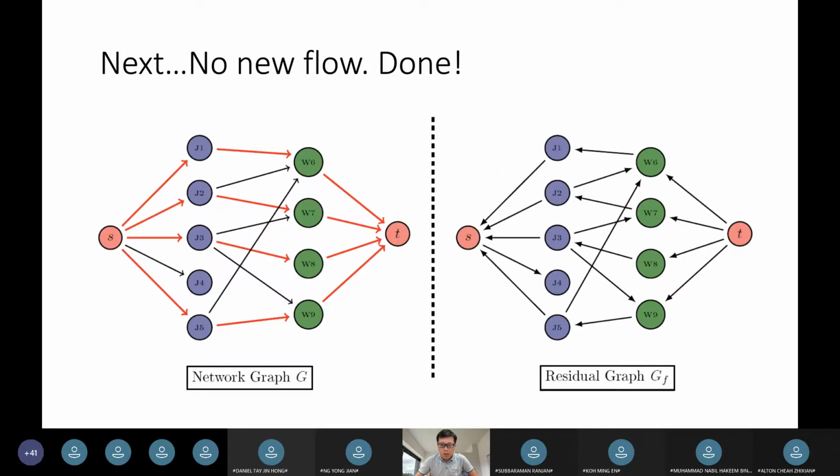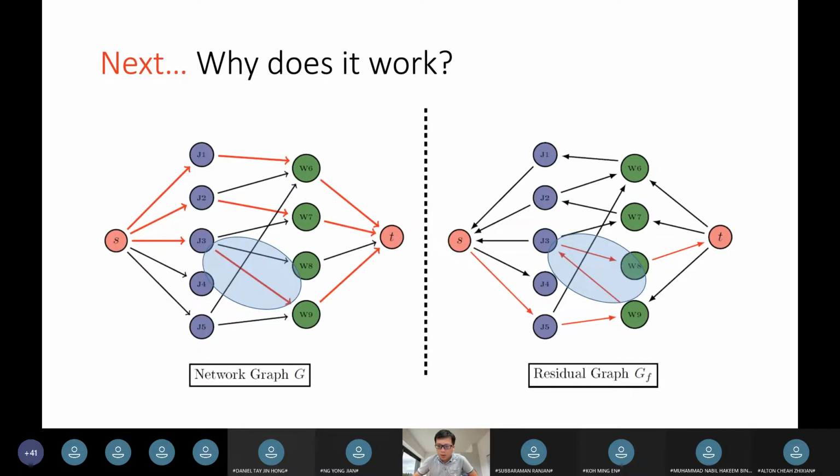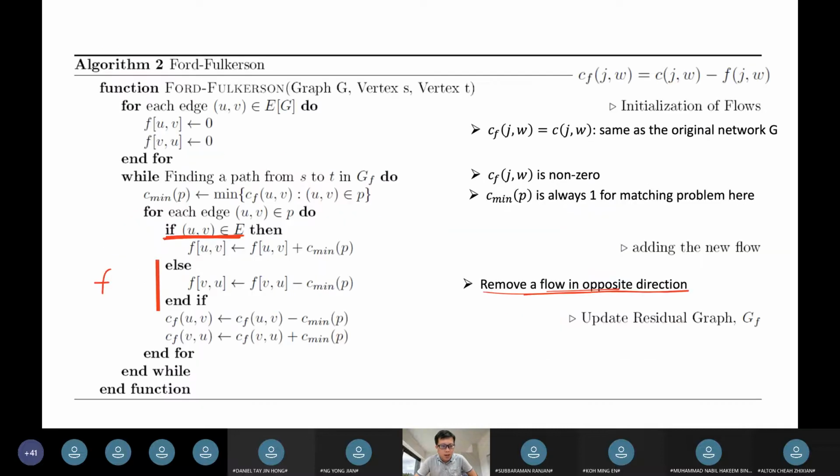So this one, W9 to J3, is not in the original graph, right? So what we do, we delete the flow, okay? So the flow from V to U will be deleted from the original graph, the F1, okay?